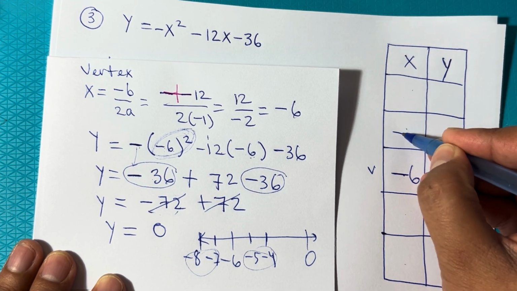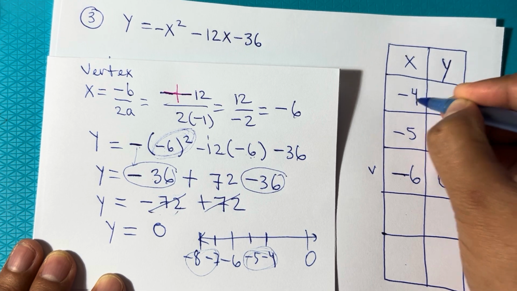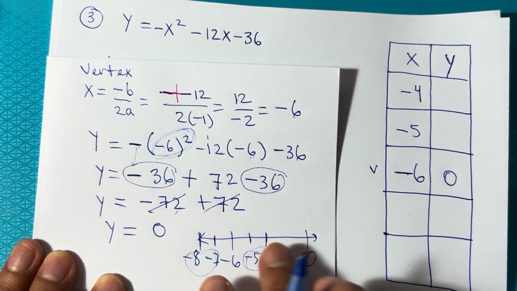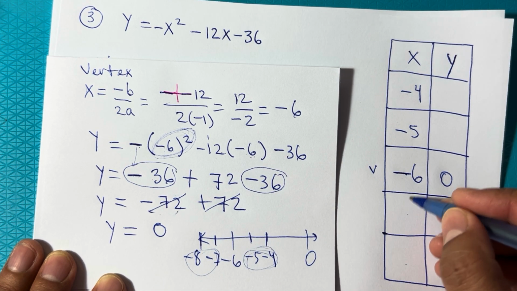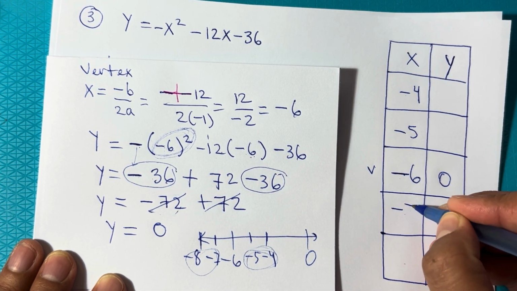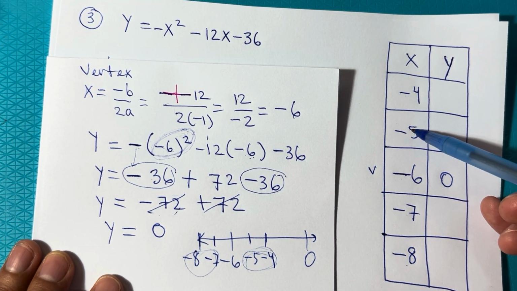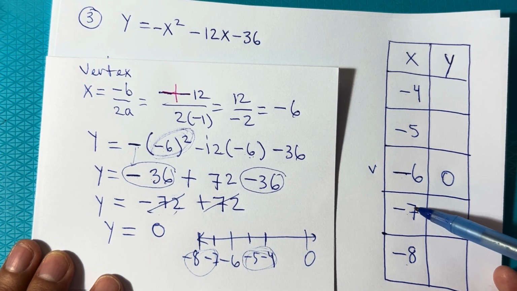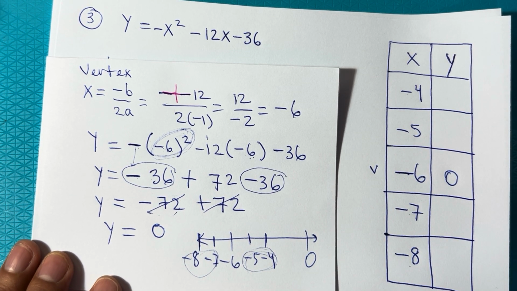Whatever is to the right, I'm going to put over here. And if you decide to switch them, that's okay, as long as you use those 2 points and those 2 points, okay? -4, -5, -7, and -8. Some people might put -7, -8 over here, and over here they would put -5 and -4. It will not make a difference on my graph.